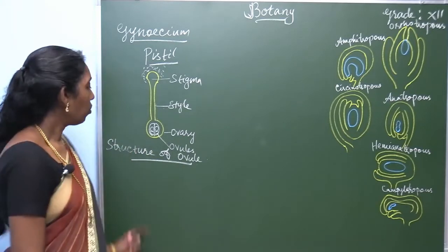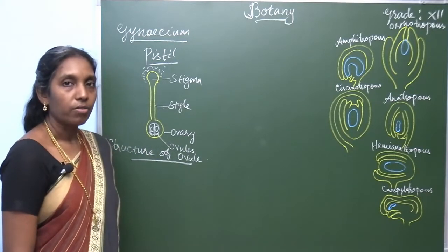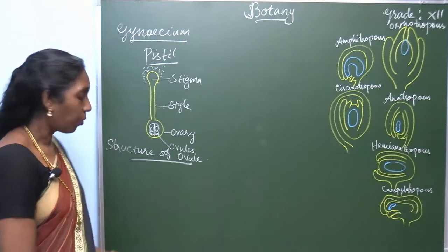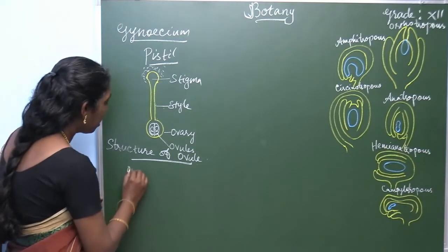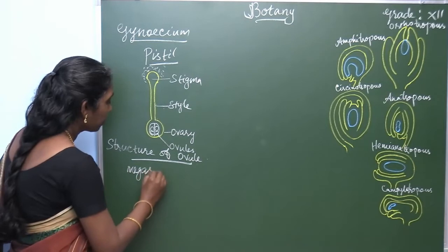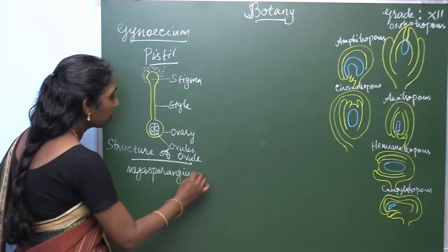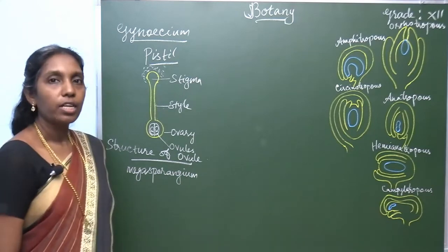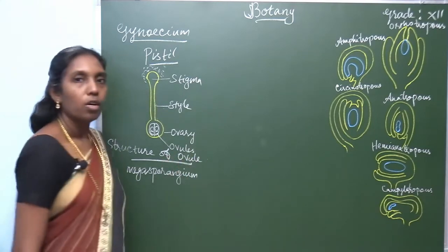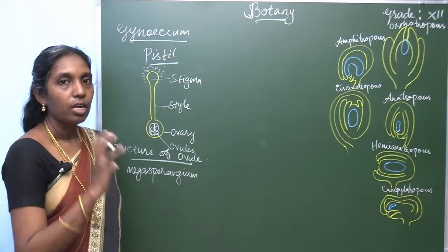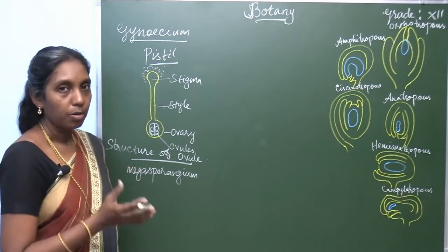Structure of ovule. The ovule is otherwise called megasporangium. The megasporangium, or ovule, is made up of a stalk and the body.